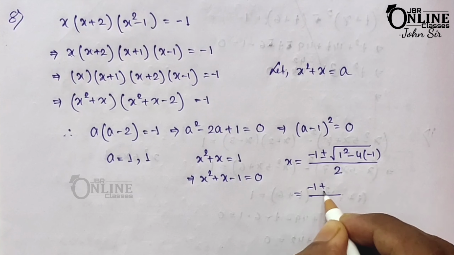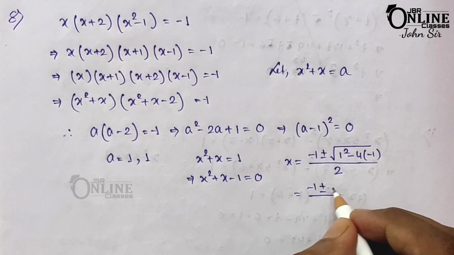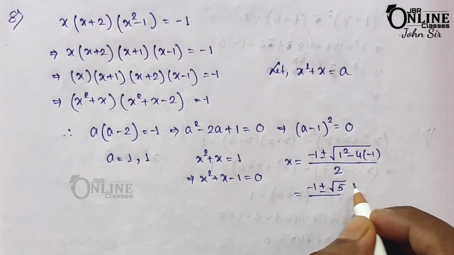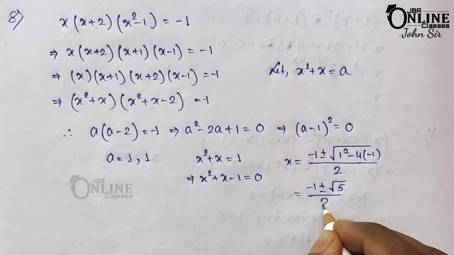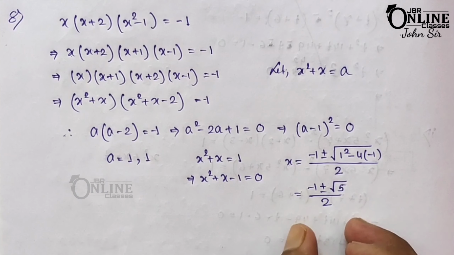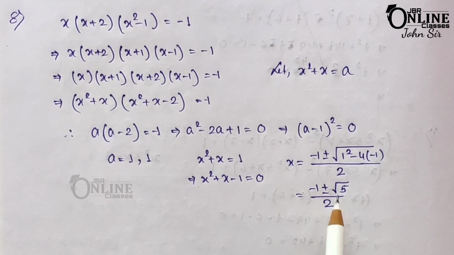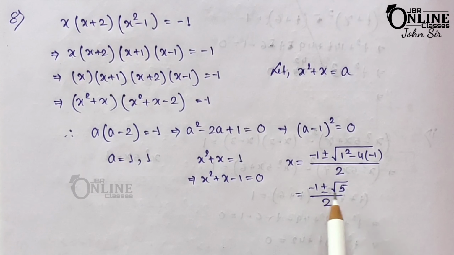So minus 1 plus minus, yes, 1 plus 4, that means root 5 by 2. Okay, so now you have the two solutions. First one is minus 1 plus root 5 by 2, and second one is minus 1 minus root 5 by 2.